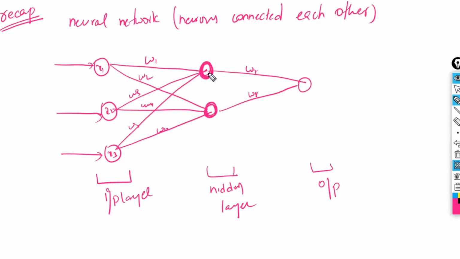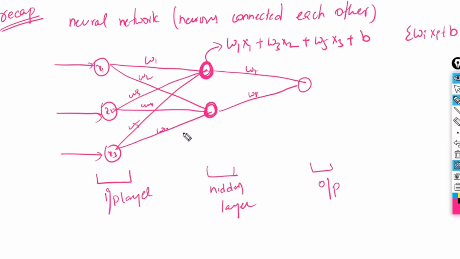This neuron is connected with W1 into X1 plus W3 into X2, and next W5 into X3 plus B. Whichever neurons it is connected to, it is going to do the summation, sigma Wi Xi plus B.